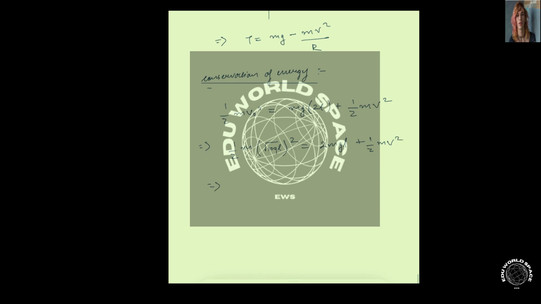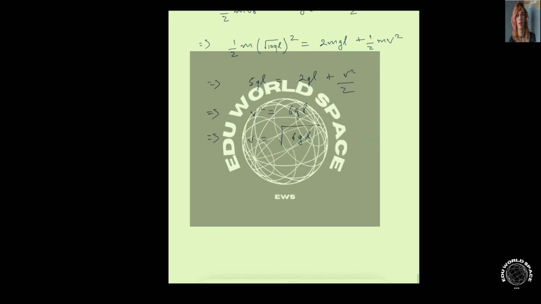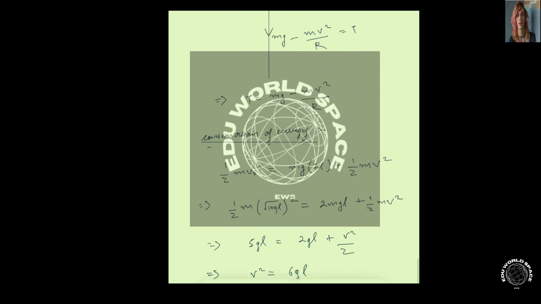Cancelling m, we have 5gL is equal to 2gL plus v squared by 2, which implies v squared is equal to 6gL, so v is equal to under root of 6gL. This is the velocity at the topmost point.